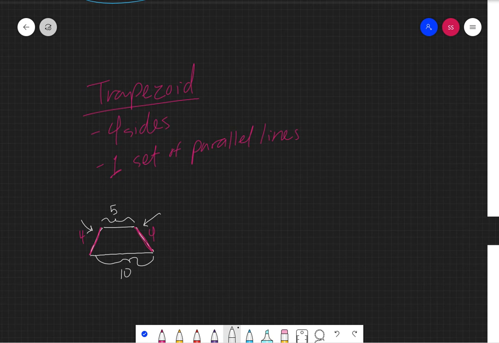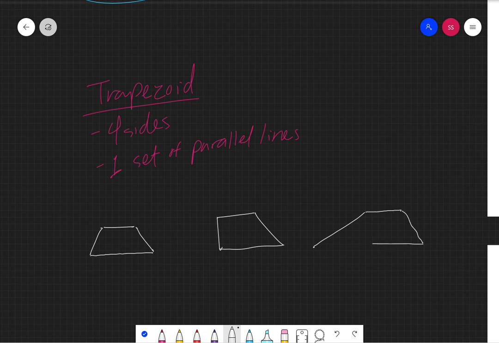Okay, not necessarily half the length, I just chose random numbers. You could also have a trapezoid that looks a little more wonky, or maybe one that has one really long side and one pretty short side. Okay.